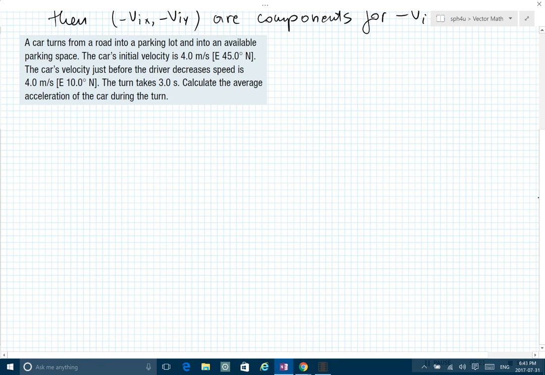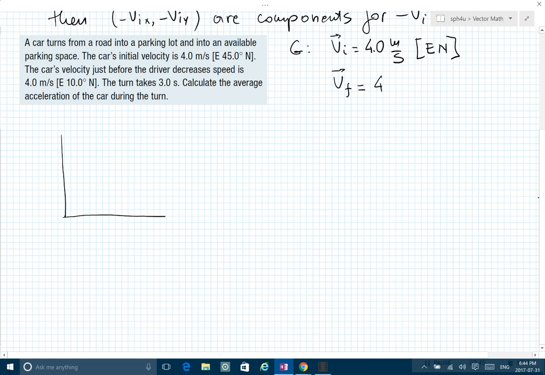All right, so if it helps us, we can draw a little diagram just to see what it looks like. Let's see what is given to us, first of all, numerically. We have initial velocity to be 4 meters per second, east north. I'm not writing the angle because it's obvious. And the v final is still 4 meters per second, but now is east 10 degrees north. The time for all this turn is 3 seconds.